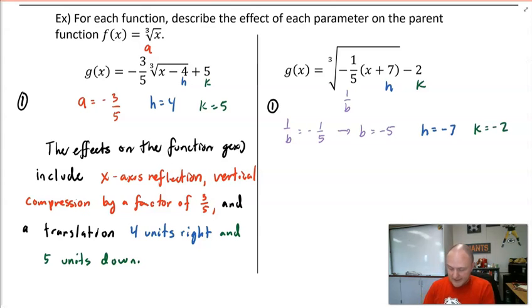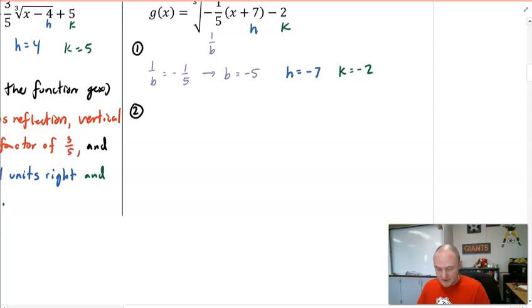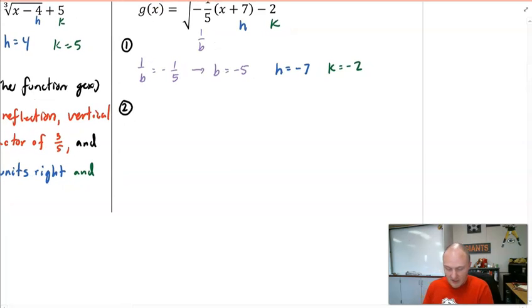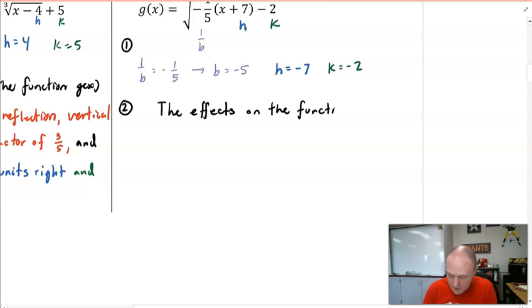Okay, so step 2, I'm going to go ahead and just describe the effects of the function. And let me go ahead and zoom over. So I can say the effects on the function g of x include, so remember a b value is a horizontal effect.